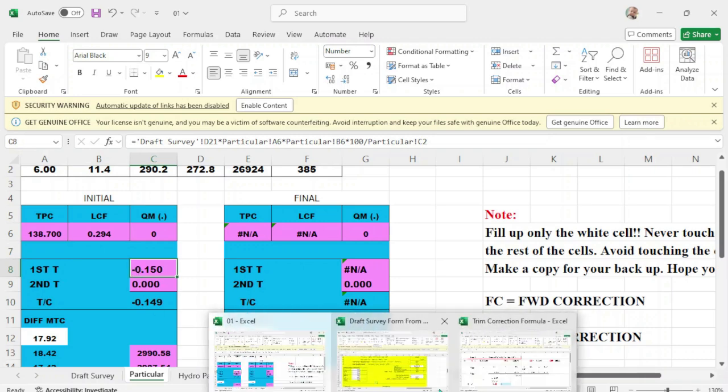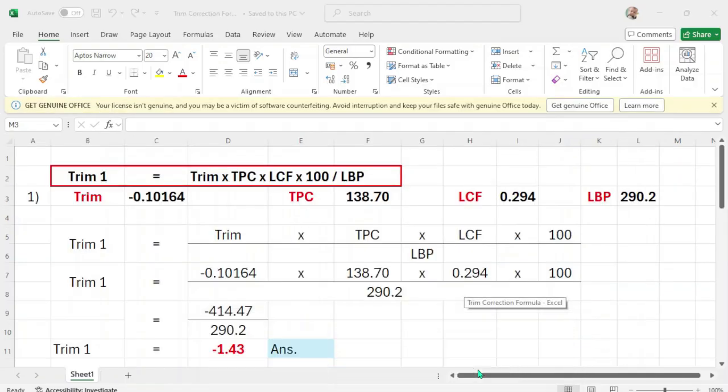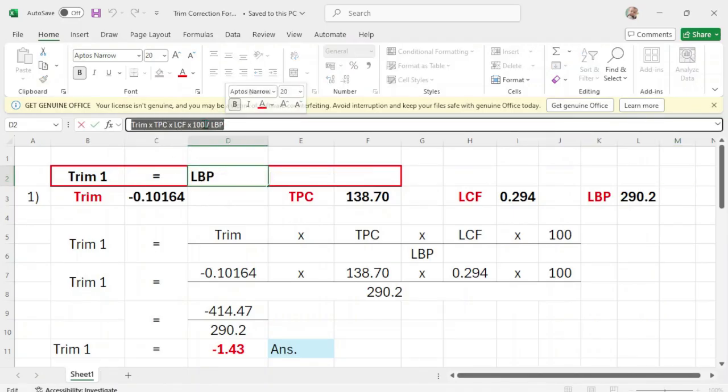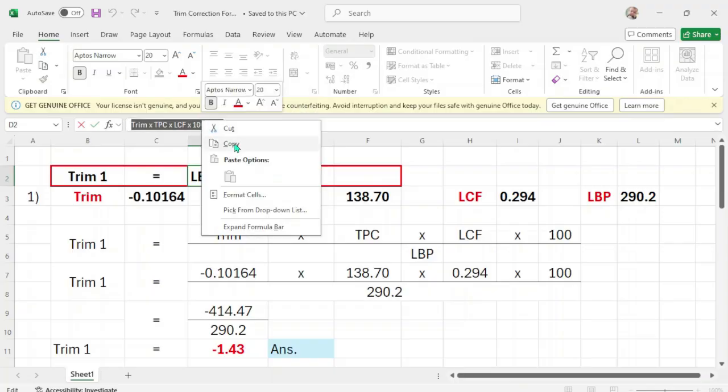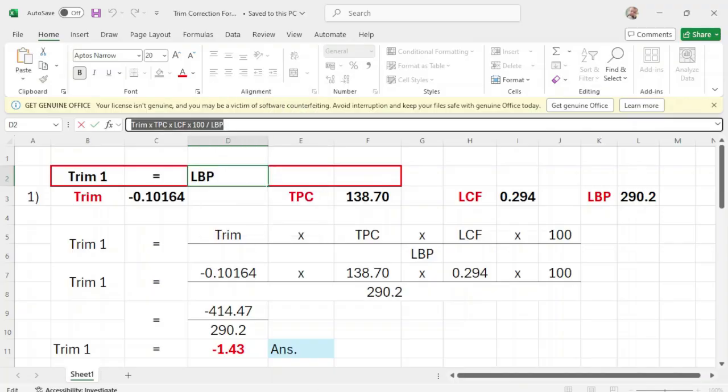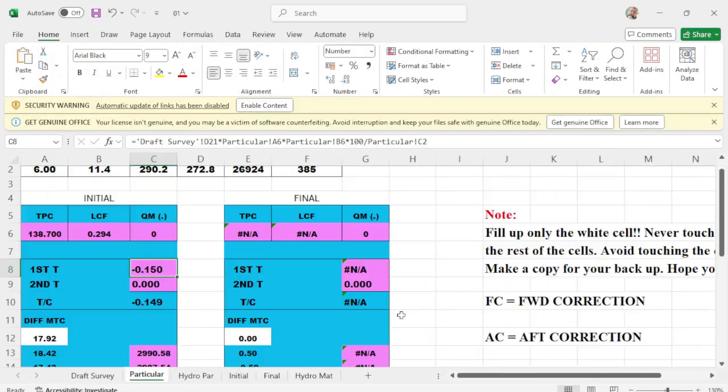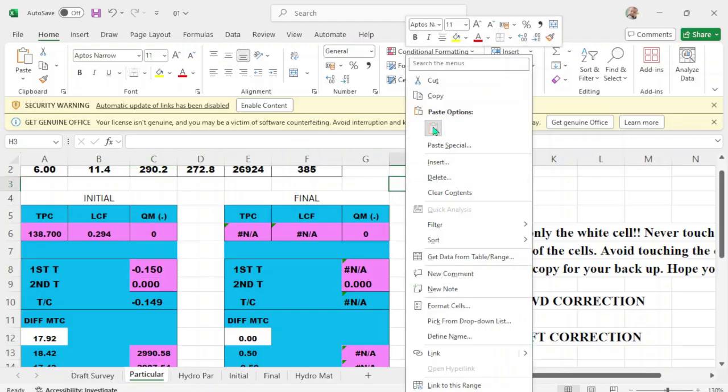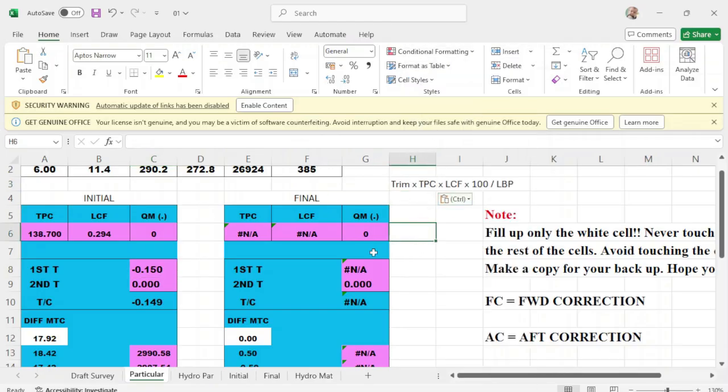Wait a minute. Let me see if I can copy this one. Copy. Then we go here and place it here. Yes. There it goes. Okay. So trim number 1 is trim times TPC times LCF times 100 over LBP.